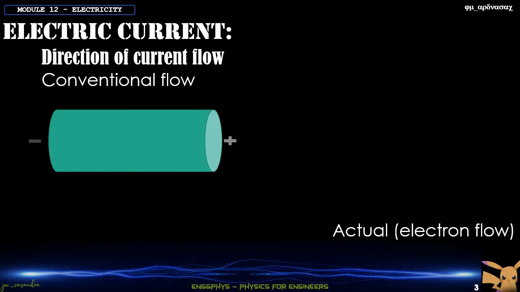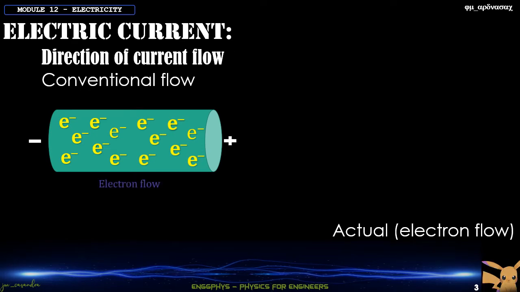If we have here our conductor with negative and positive ends, as we have learned from electrostatics, only the electrons move. So from negative, they will move to the positive direction. So the electron flow is negative to positive, but for conventional flow, we are assuming that the current is moving from positive to negative. For actual electron flow, what we follow is the electron flow.